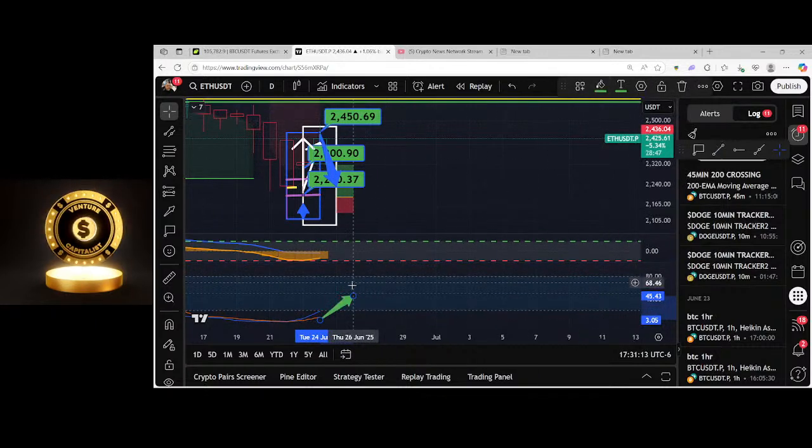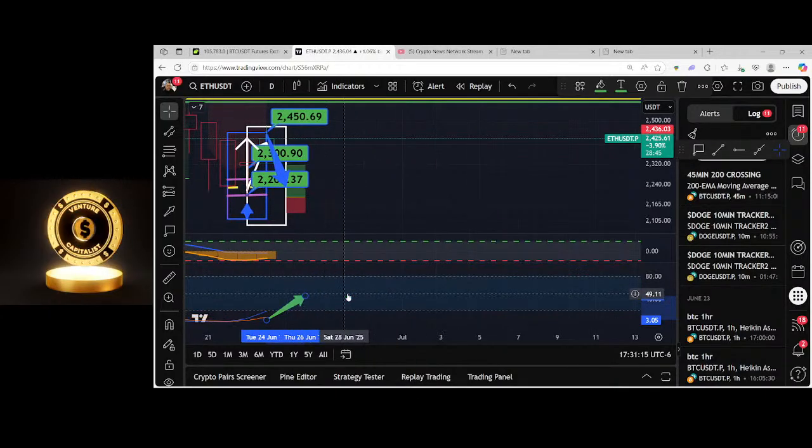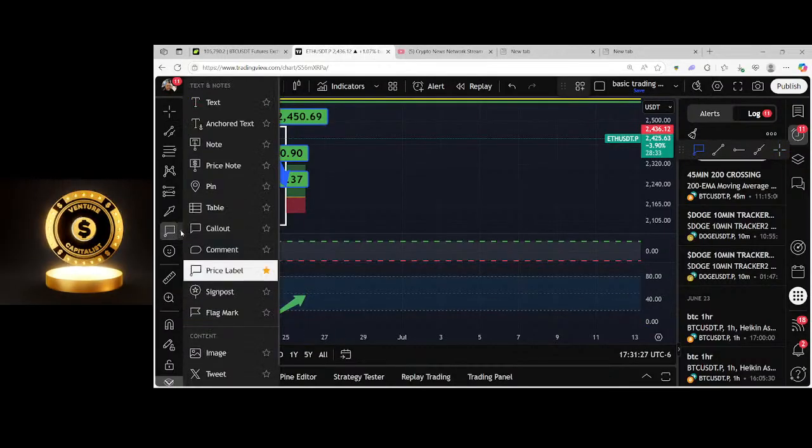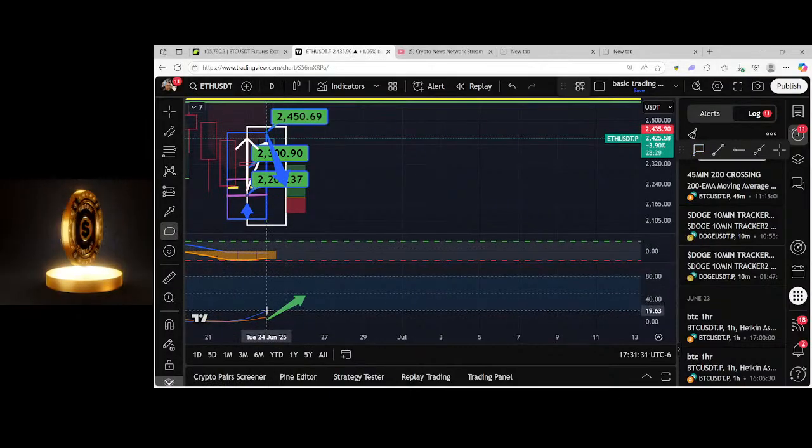Currently they're not out-buying the sellers, and that's why we're going sideways right now. But I would say in probably about 3 days, right? So let me mark this here.